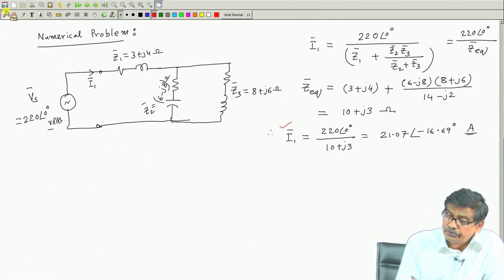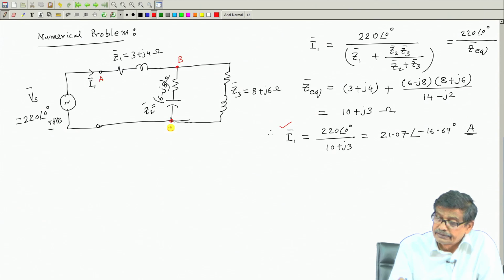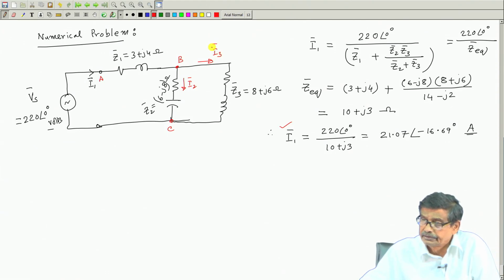Now, what I will do is I will name these terminals. Now to calculate the currents in this branch and in this branch, suppose this is I 2 bar. Directions are very important, just like in a DC circuit you allot directions.